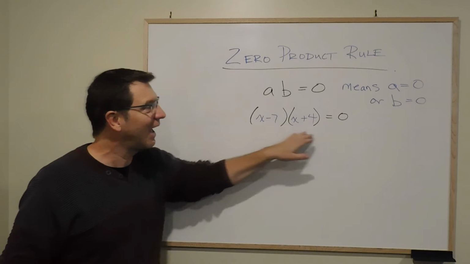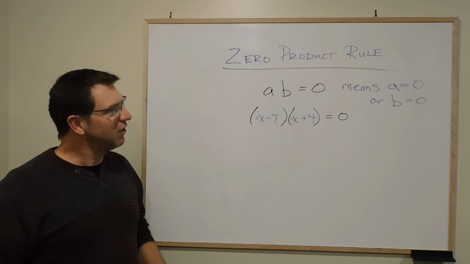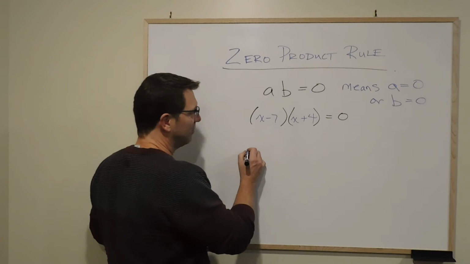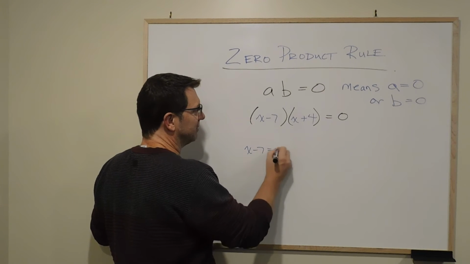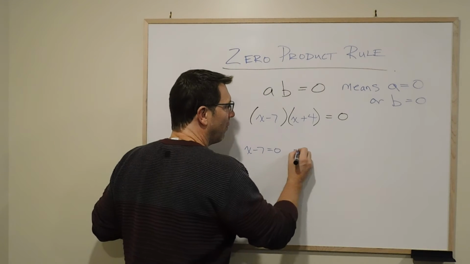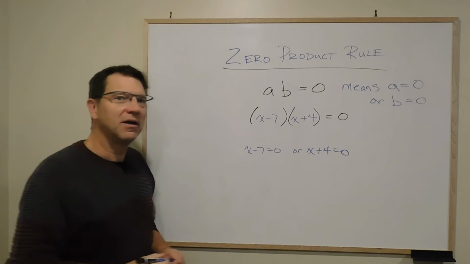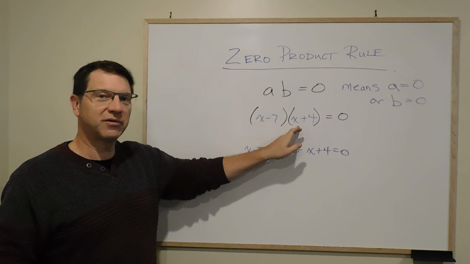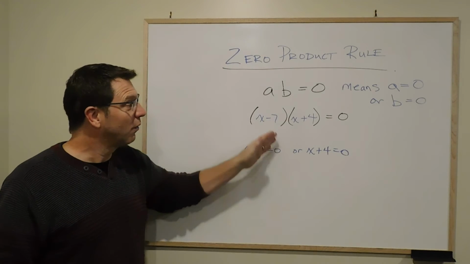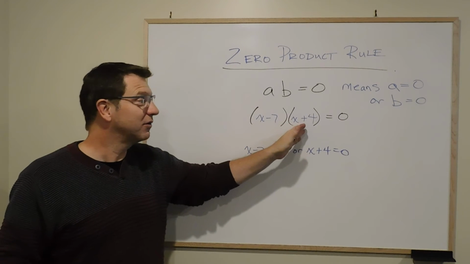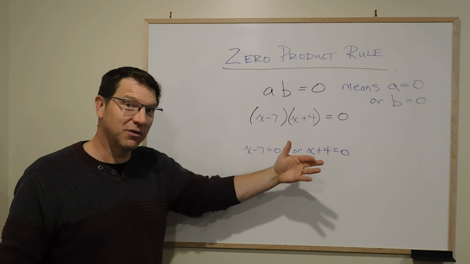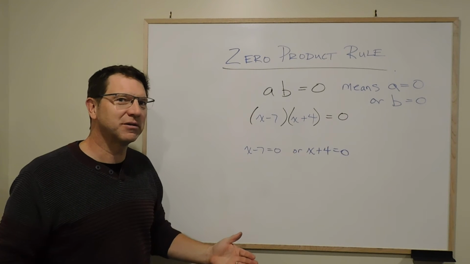If I had something like that, the only possible way would be if x minus 7 was equal to 0 or x plus 4 equals 0, right? Because 0 times something is 0, or something times 0 is 0, but there's nothing else that multiplies to 0.